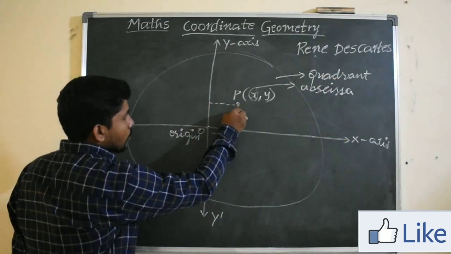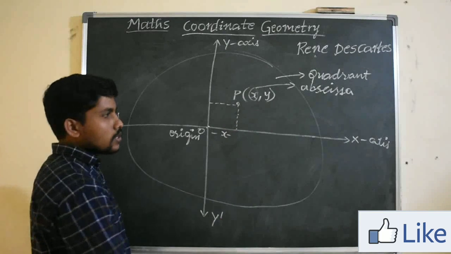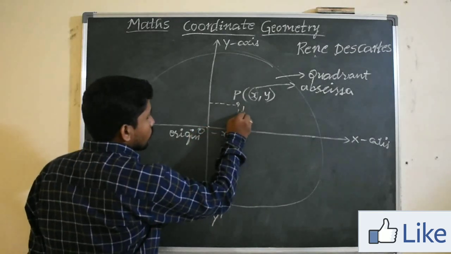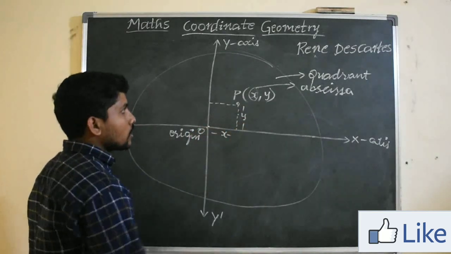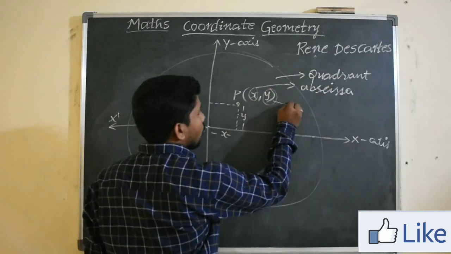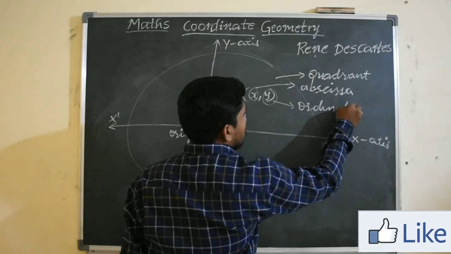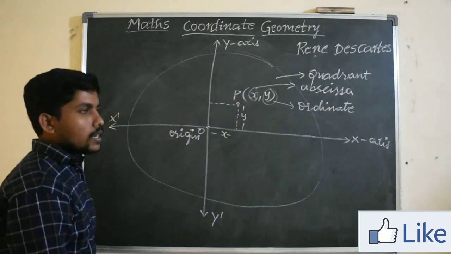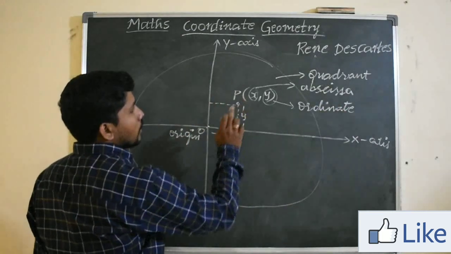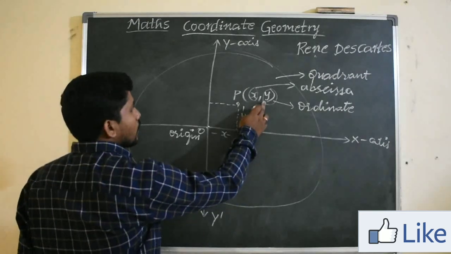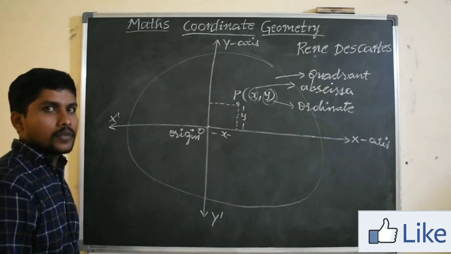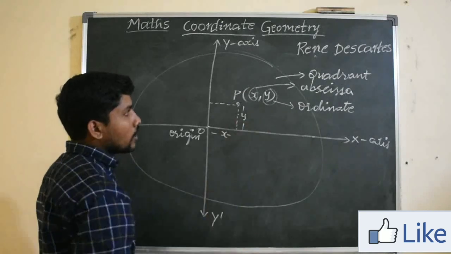The distance of the same point from the x-axis is the y coordinate, which is called the ordinate. In a point, the first coordinate x is called the abscissa and y is called the ordinate.